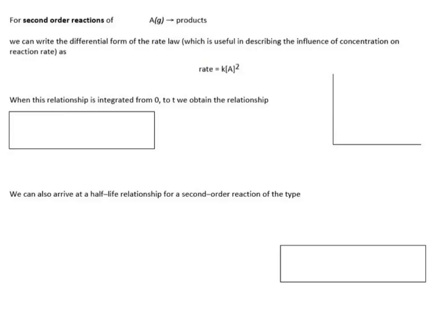Okay, this time let's go to second order. Again, we integrate the rate law from time 0 to time t. And when they did, what they found out, and this is on your AP sheet too, is that 1 over the concentration of A minus 1 over the initial concentration of A is equal to kt.